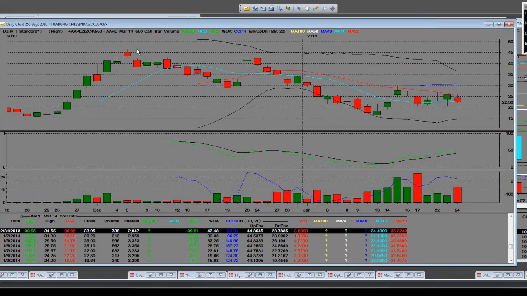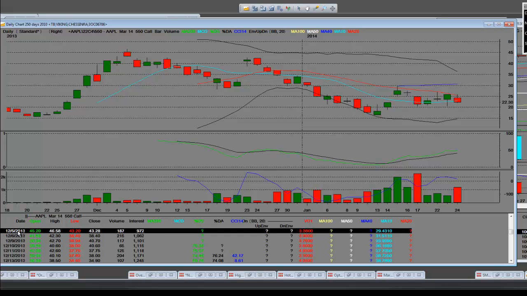So basically, when we have the highs over here, I'm going to give you the dates: on 12/5 of 2013, that high in December on this particular 550 monthly expiration, we were up here at 46.58.